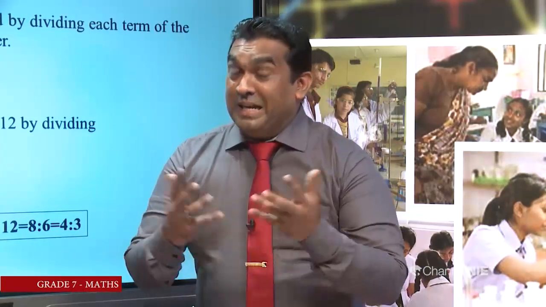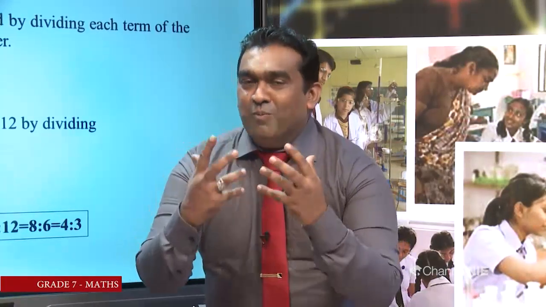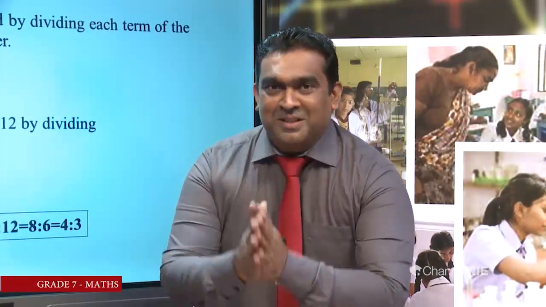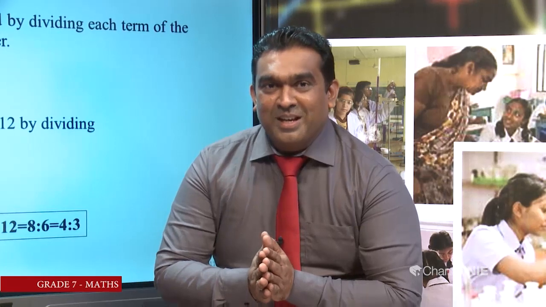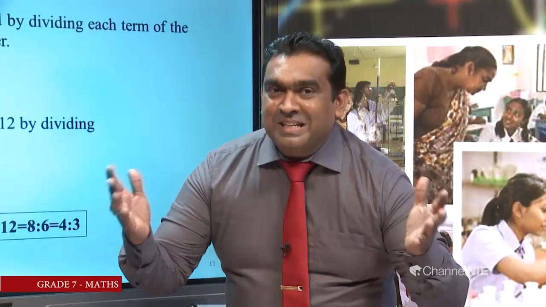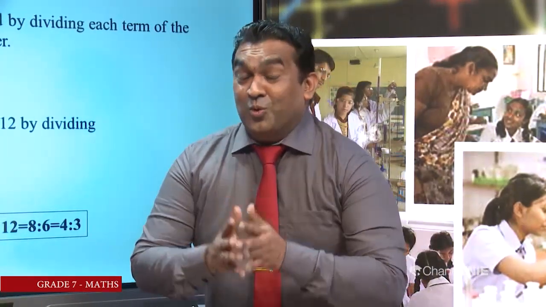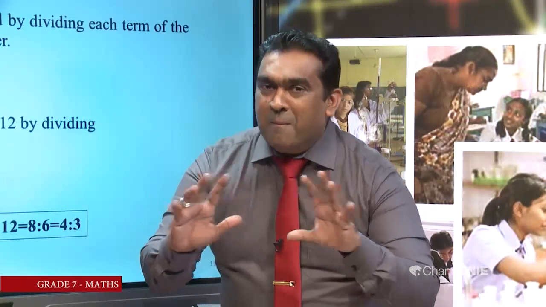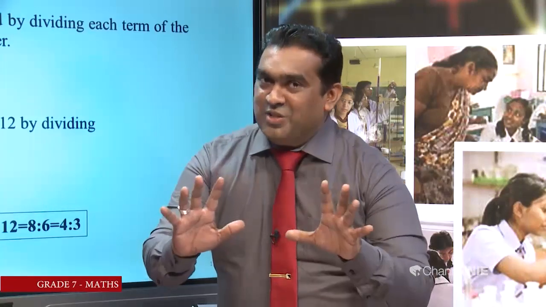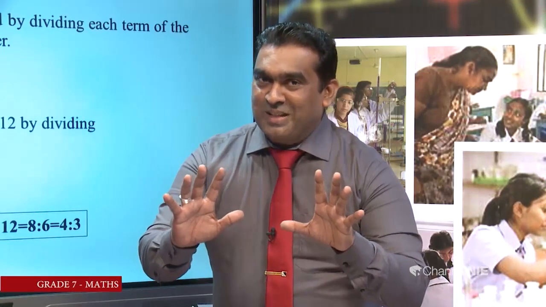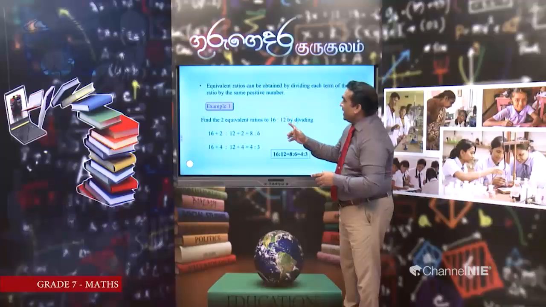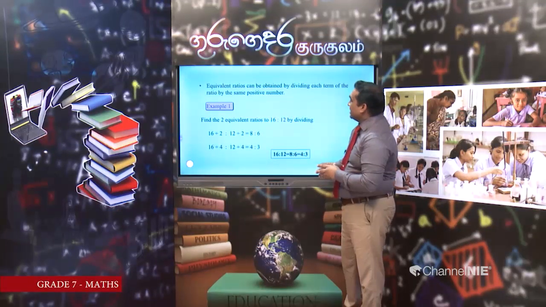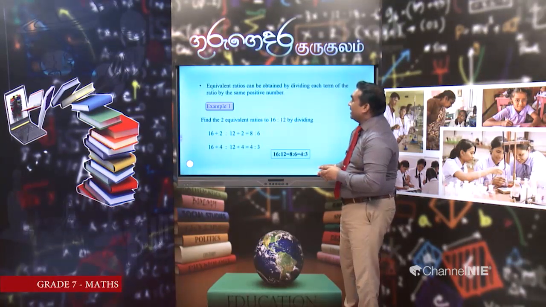Grade 7, very small maths kids, okay? You are little scientists. You have the freedom to select any number, no condition. Understood that? Right. Find two equivalent ratios to 16 is to 12 by dividing.